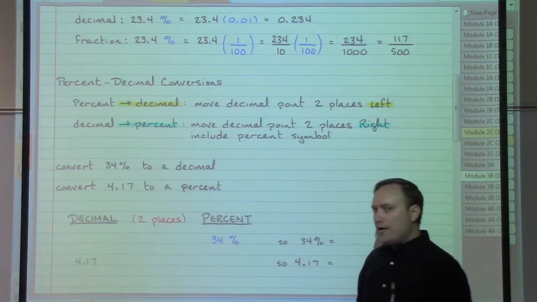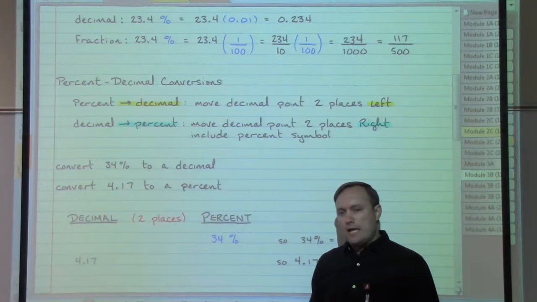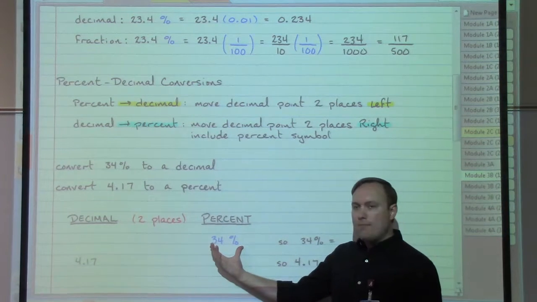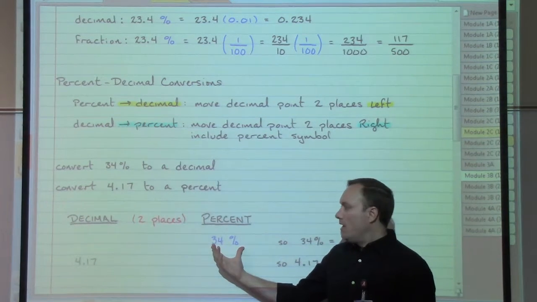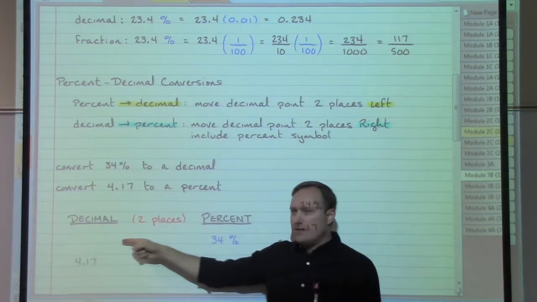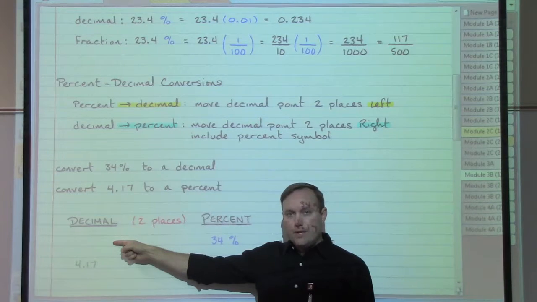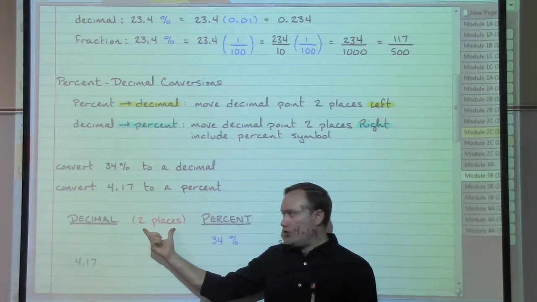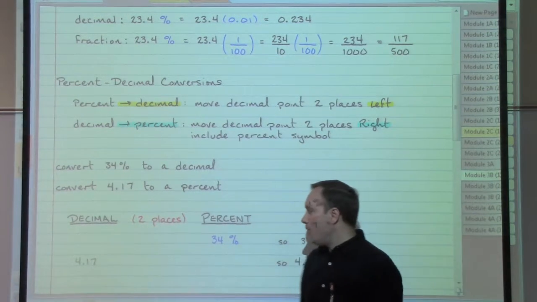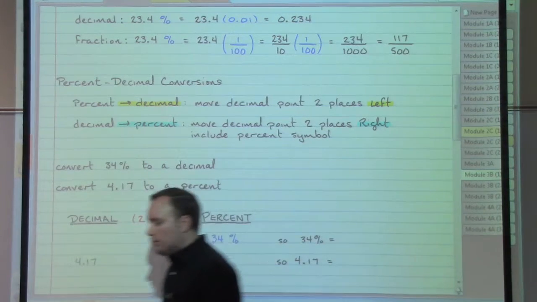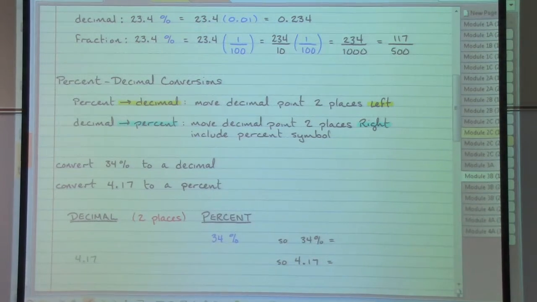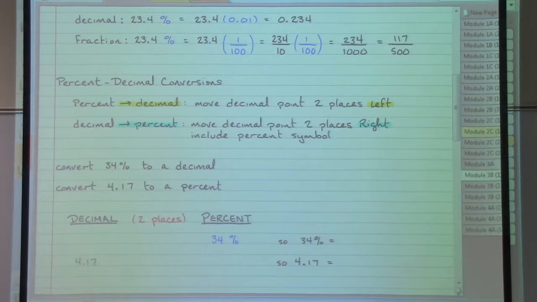If I am starting with a 34%, I'm going to put that in my percent column. That means I have to move to the left to fill in the decimal column. And moving to the left 2 places is exactly what we'll want to do in order to transform 34% into the necessary answer.